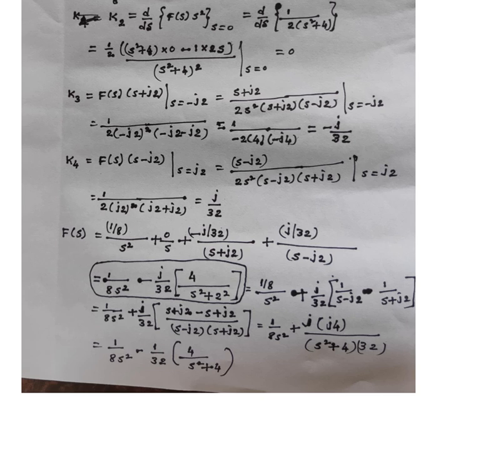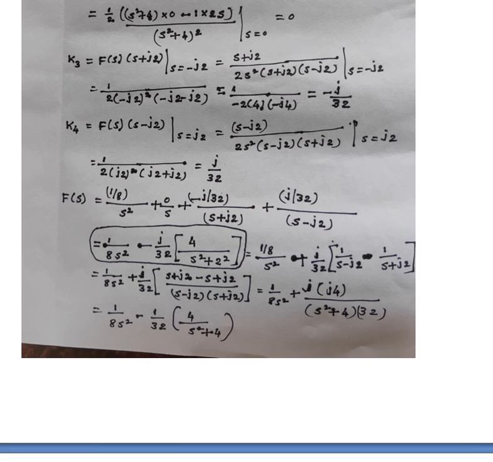Look at this: f of s is equal to 1 by 8 divided by s square plus 0, because k2 is 0, plus minus j divided by 32 divided by s plus j2 plus j by 32 divided by s minus j2. After simplification, we get 1 by 8 s square plus j by 32 into 1 by s minus j2 minus 1 by s plus j2.